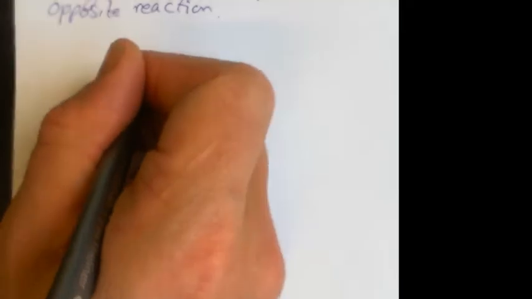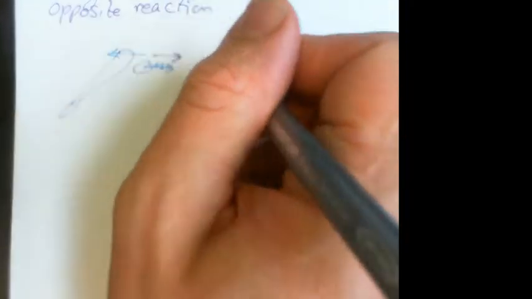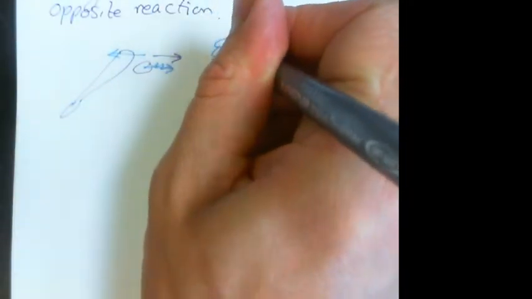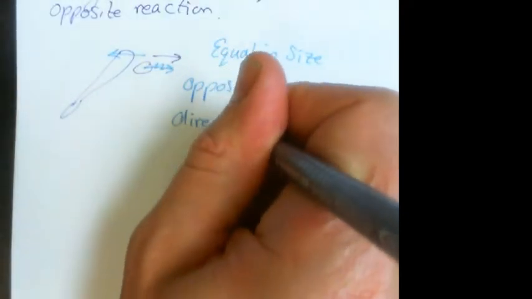So I can add my force arrows correctly, one to the bat and one to the ball, and they are going to be equal in size and opposite in direction. That's what equal and opposite means.